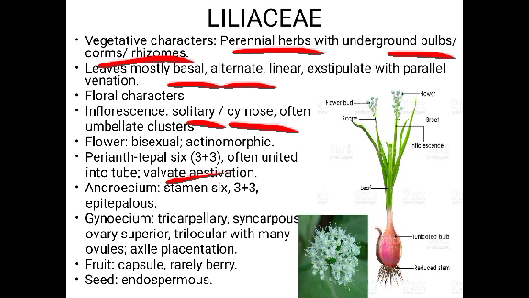Now when we see the androecium, the stamens are 6 in number. Here also it is a 3 plus 3 arrangement. Three stamens will be arranged in the inner whorl and three stamens as the outer whorl. And they are epiphyllous, or we can say epitepalous. It is attached with the tepals. The stamens are attached with the tepals. I told you one whorl of tepals is the outer region, isn't it?